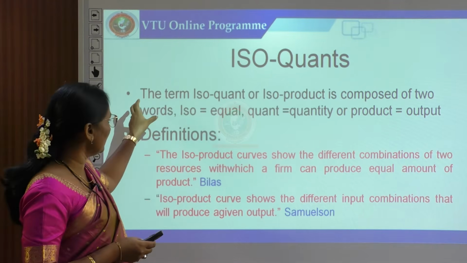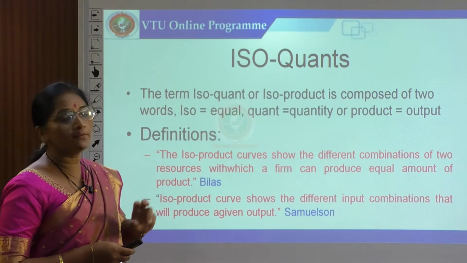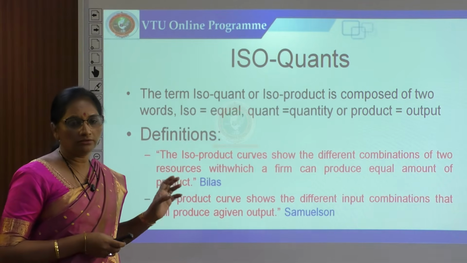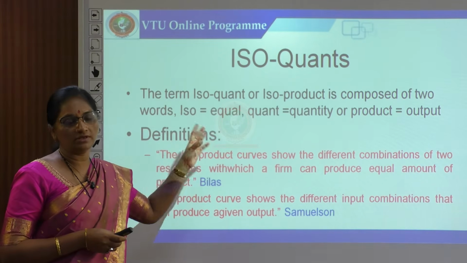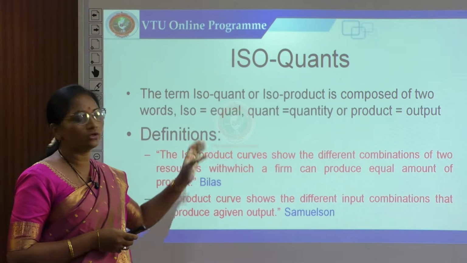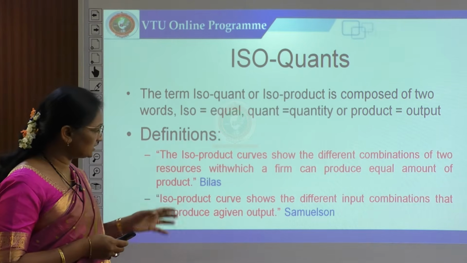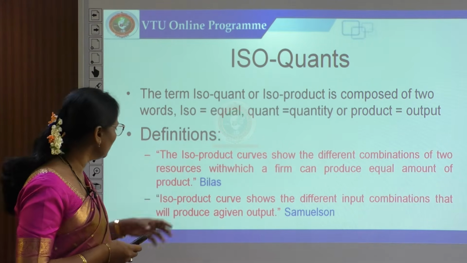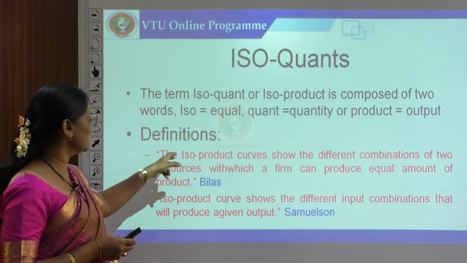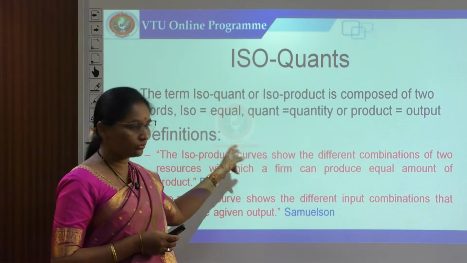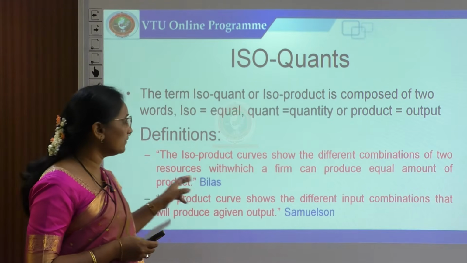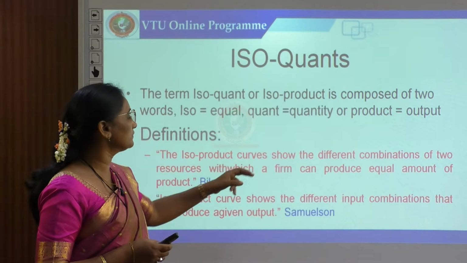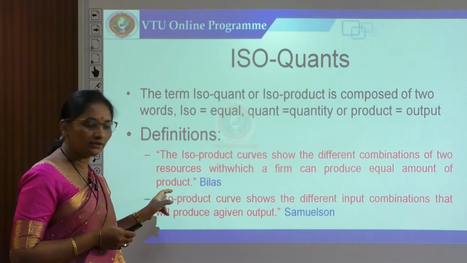So, I already said that isoquants are the equal product curves. All the combinations give equal output. Some definitions here clarify what isoquants are. Villas says that isoproduct curves show the different combinations of two resources with which a firm can produce an equal amount of the product.